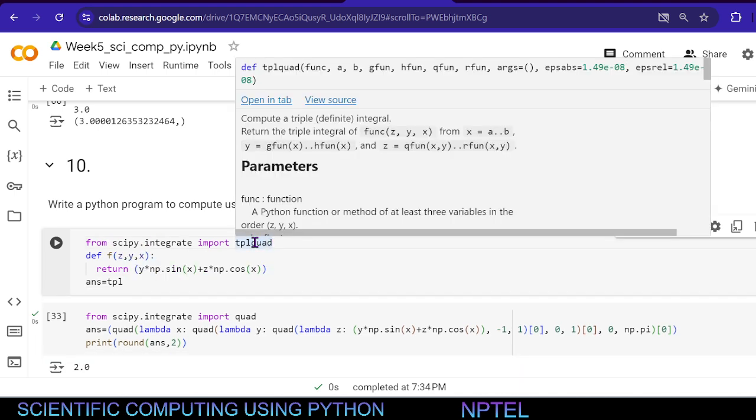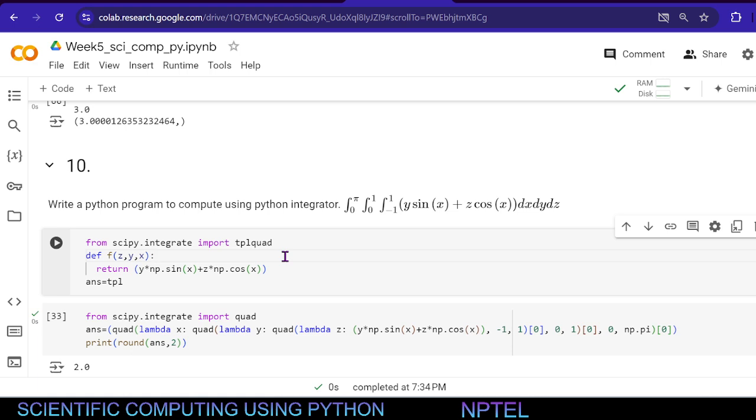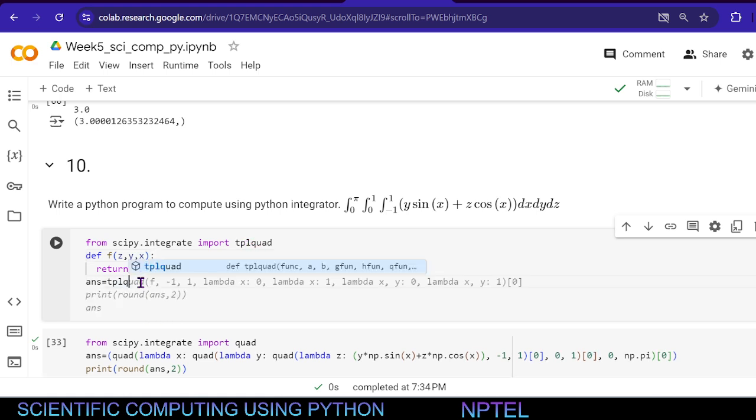Quad is general for integration. If you have double integration, dblquad, I guess, and for triple you have tplquad. Okay, so it is going to be tplquad of f, right? And then we have to specify the limits. So for z it is -1 to 1, and we can, okay, why is it defining as a function? I don't know. I think we can just plainly say it is 0.